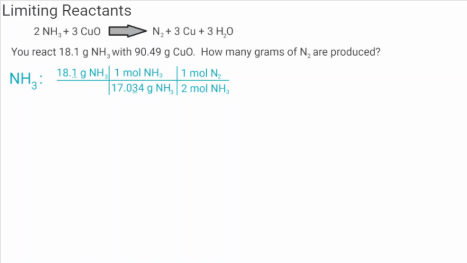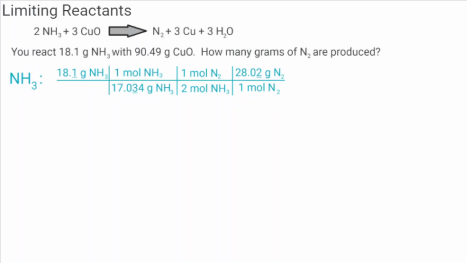So now that we are in our final desired compound of nitrogen, we can apply the molar mass of nitrogen to this, and we say for every 1 mole of nitrogen, we have 28.02 grams of nitrogen. And with this, we get to our final desired unit of grams of nitrogen, and we can just solve for it.